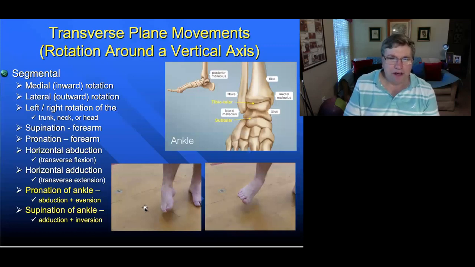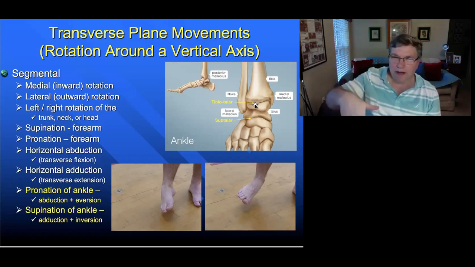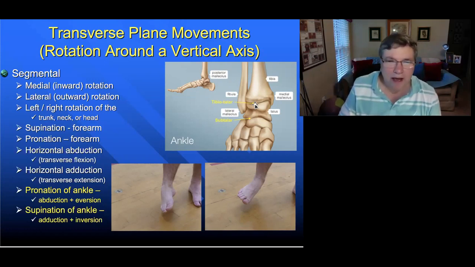Finally, pronation and supination of the ankle. So let's talk about the ankle because it's kind of complex. You guys have heard of a high ankle sprain, a low ankle sprain. That really refers to these 2 joints. There's a tibiotalar joint. That's the joint that produces dorsiflexion and plantar flexion.